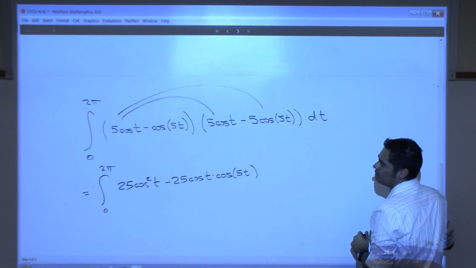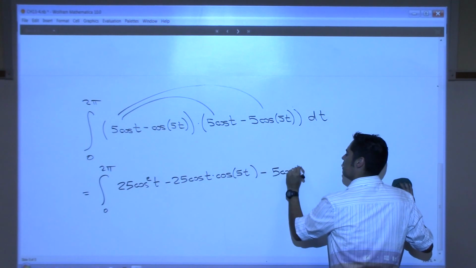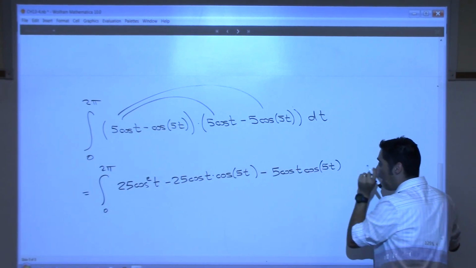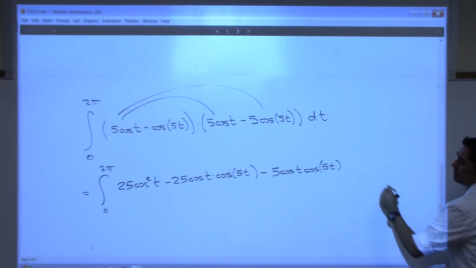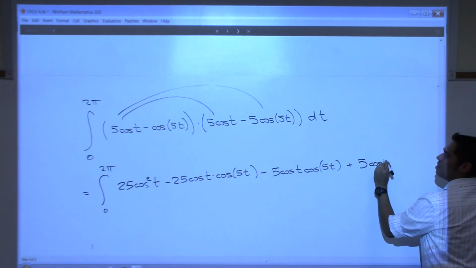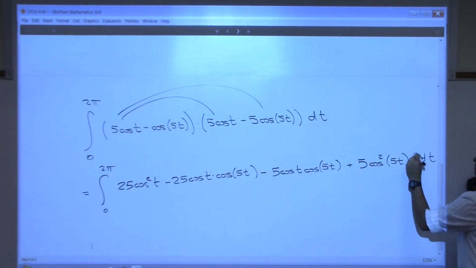Middle one, minus 5 cosine t cosine 5t. And finally, plus 5 cosine squared 5t dt.